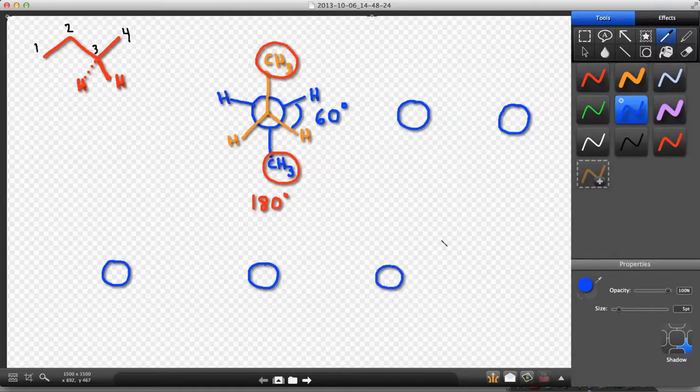And each time I'm going to have the same nuclear positions that I drew for the anti-conformation that you already see on the screen. So in each case, these hydrogens and the methyl group will be the same. I will not change them.